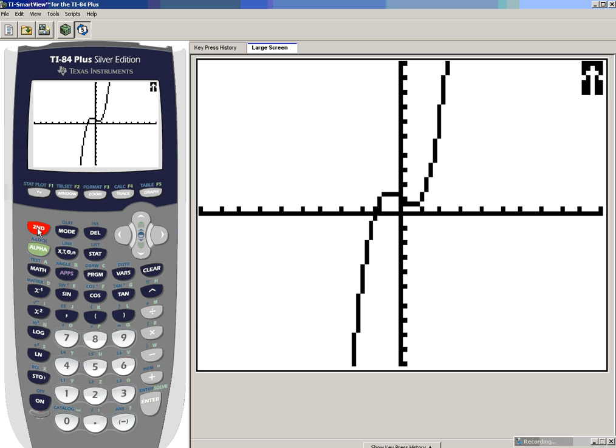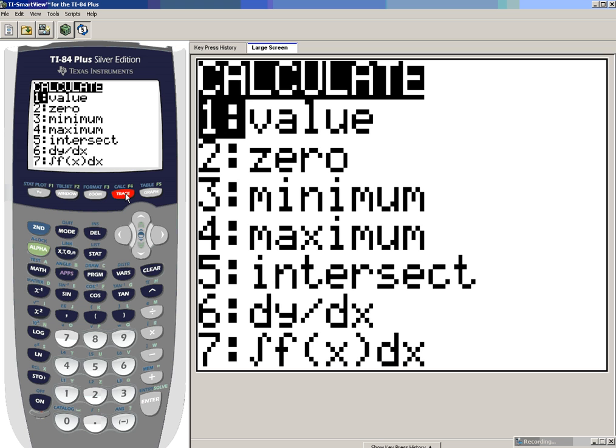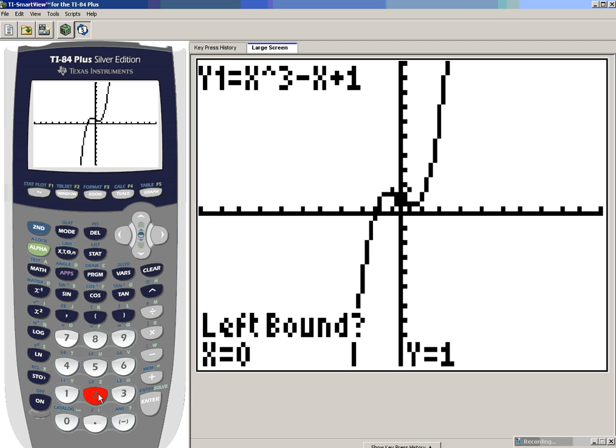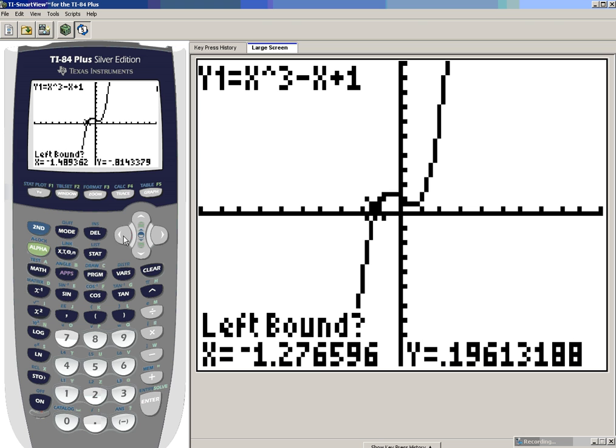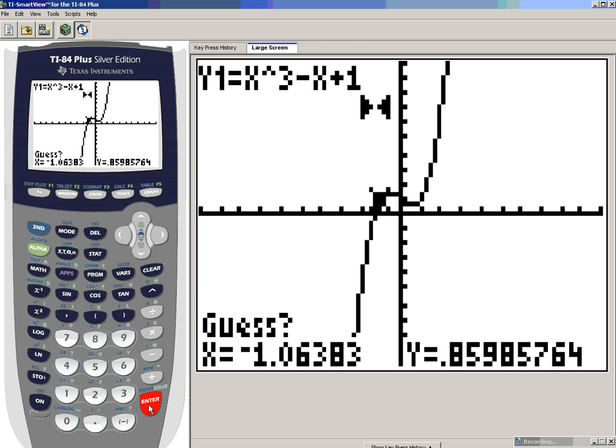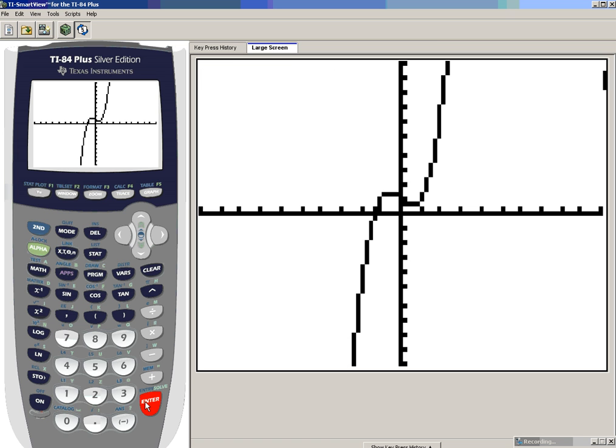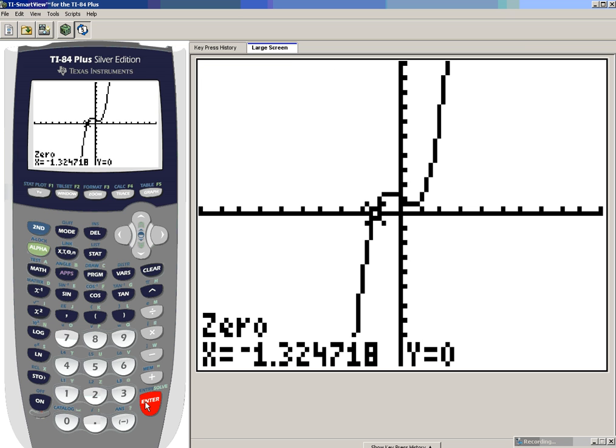We can calculate that 0 by going second function trace to get into our calculate menu. Select number 2 for calculating the 0. Go to the left of where that 0 occurs. Go to the right of where that 0 occurs. Hit enter. We don't need to guess, so hit enter a third time. There's that 0 at negative 1.324718.